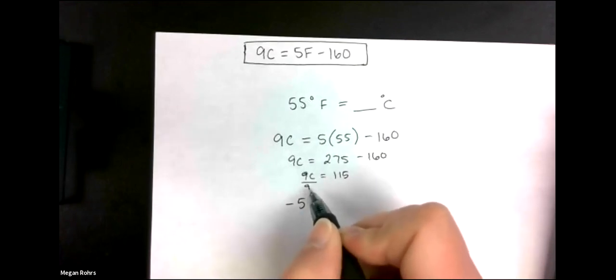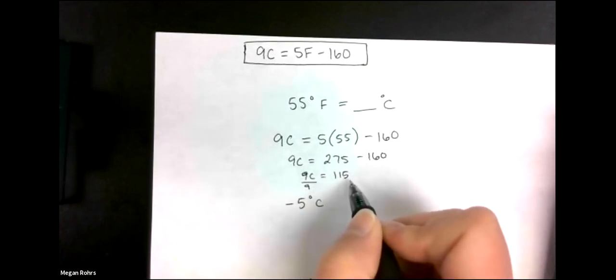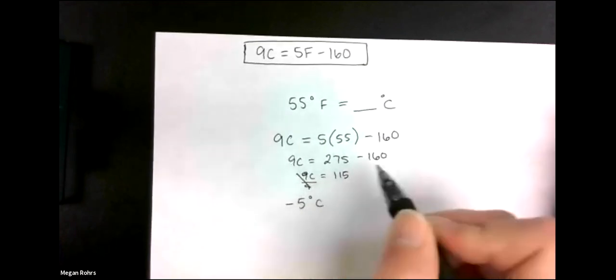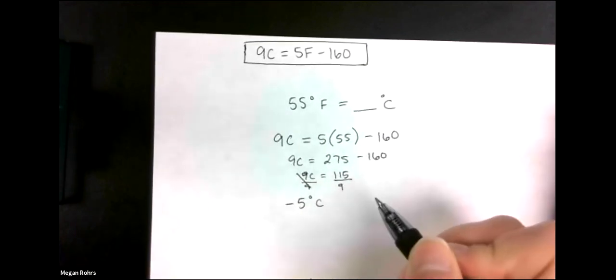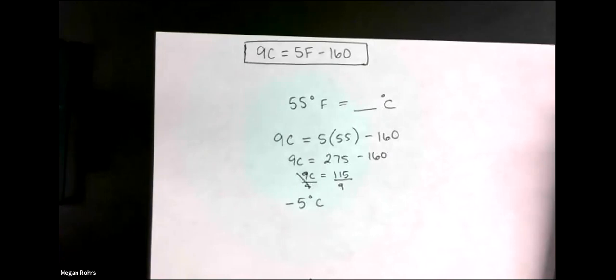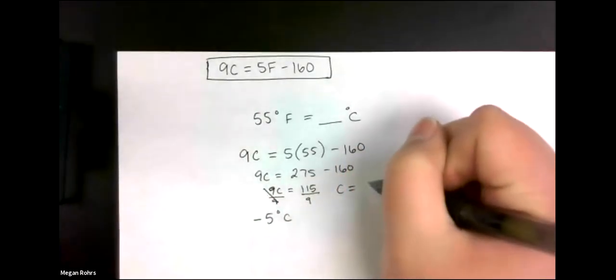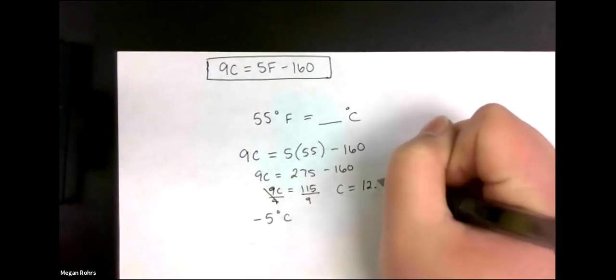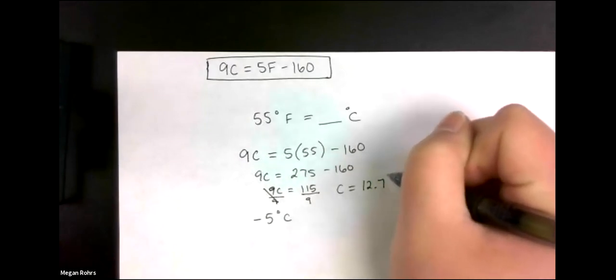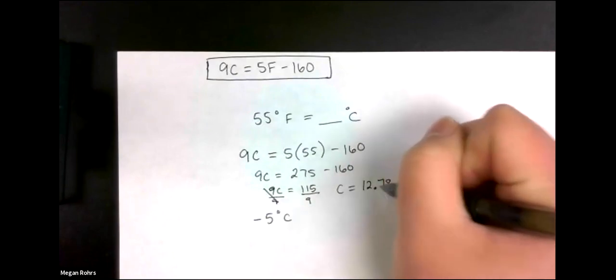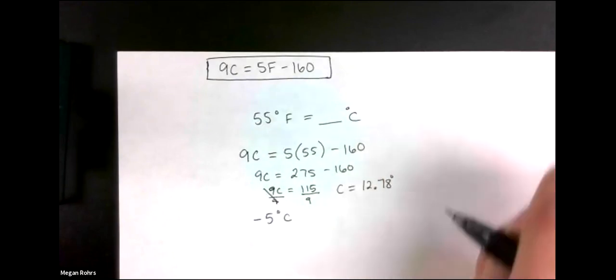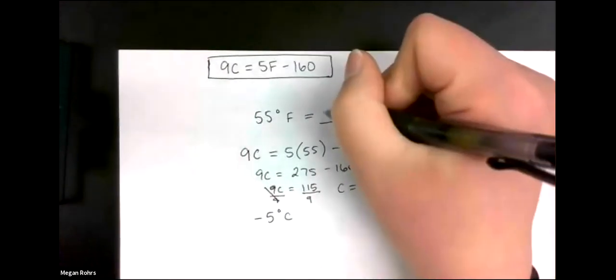Whatever I do to this side, I have to do over here as well. So this will cancel out here, divide by 9. So 115 divided by 9 gives me 12.7, and that's just repeating. I'm just going to round to the nearest hundredth. So 12.78 degrees Celsius.